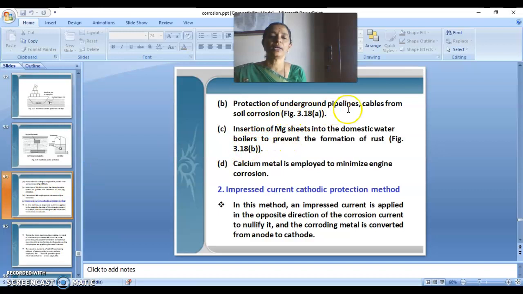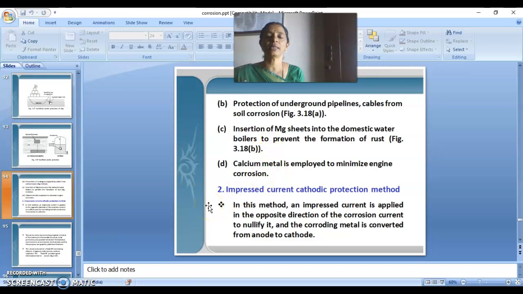Similarly, we can prevent underground pipelines and cables from soil corrosion. Then domestic water boilers can be prevented from corrosion by inserting magnesium sheets.